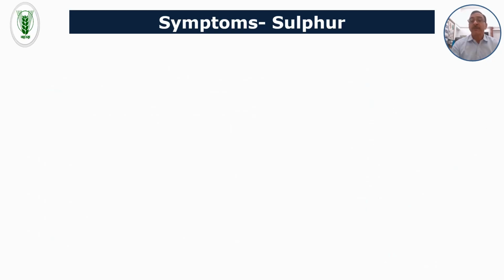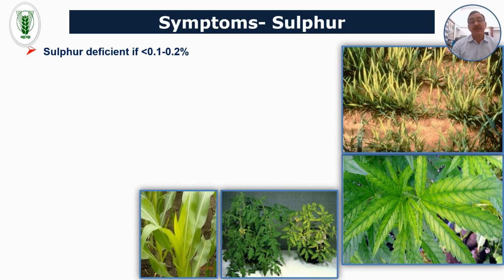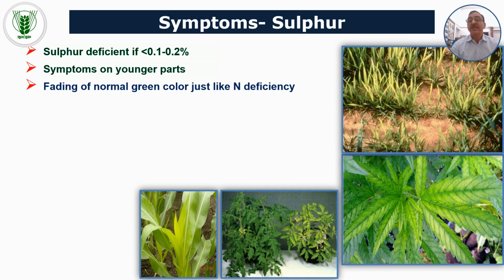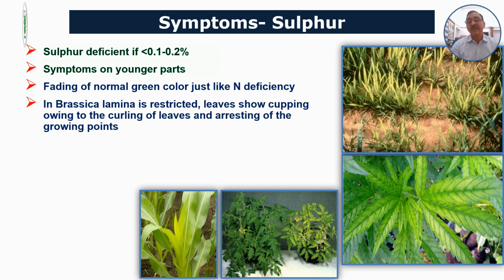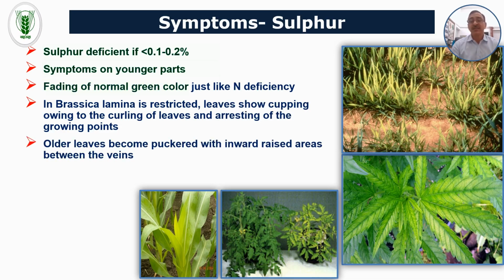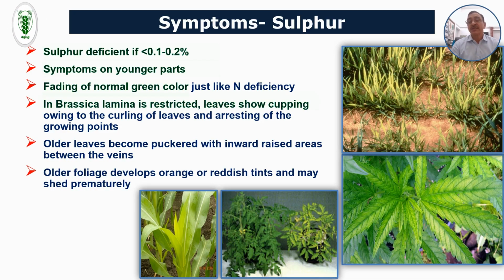And when we speak of the deficiency symptom, it's very easy to identify the deficiency symptom of sulfur. Younger leaves of the crop become pale yellow, just like nitrogen. The deficiency symptom of nitrogen starts from the older leaf, but the deficiency symptom of sulfur starts from the upper leaf. We can very clearly see this in wheat plants.